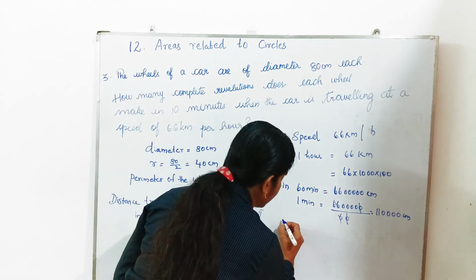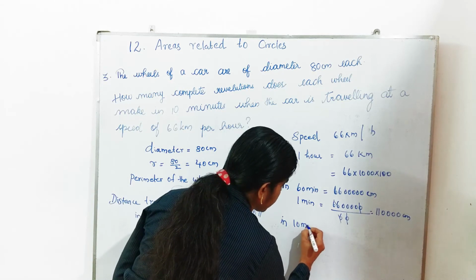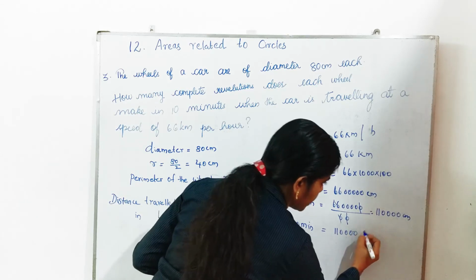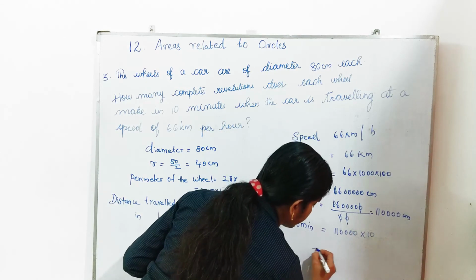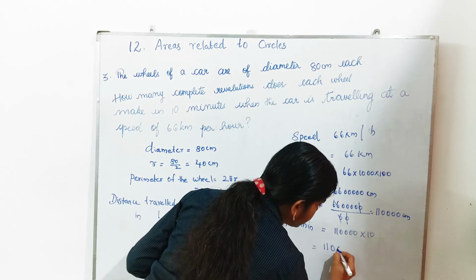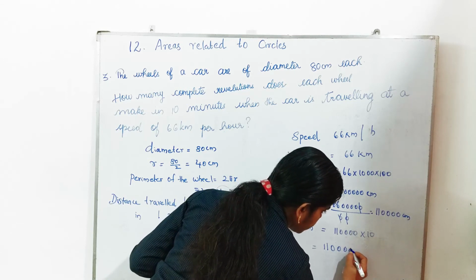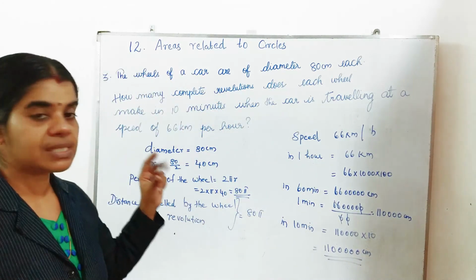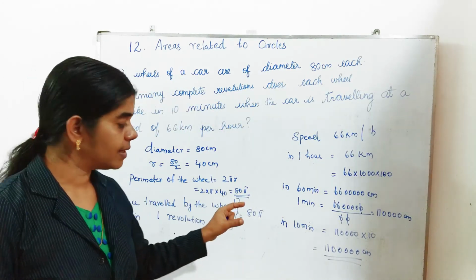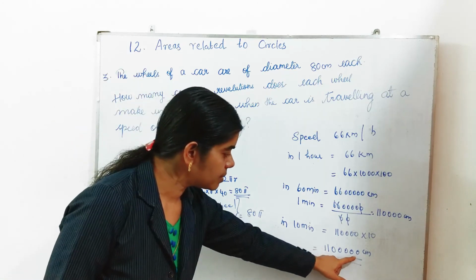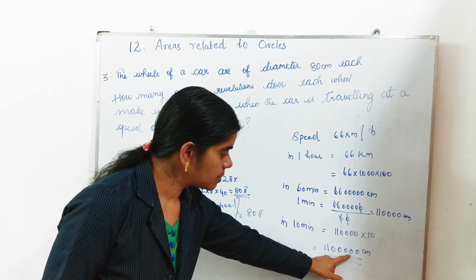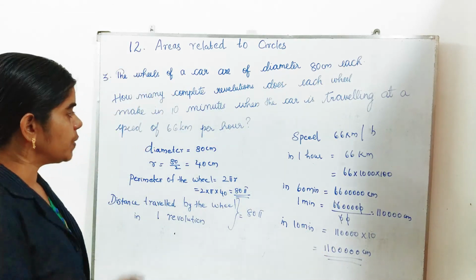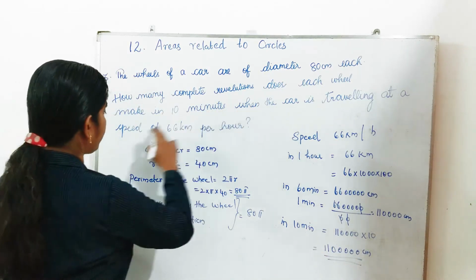So next will be in 10 minutes, how much distance? 4 zeros into 10, so you will get 11 with 5 zeros. This much is the total distance moved by the wheel in 10 minutes, equal to 11 lakh centimeter.